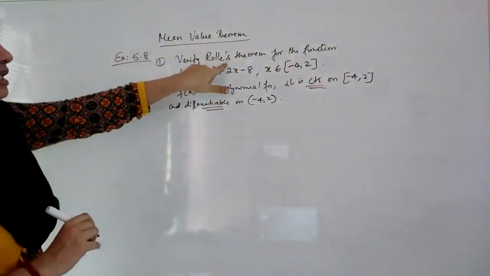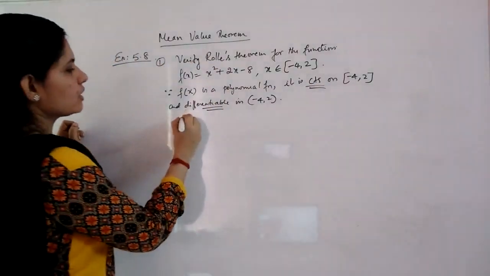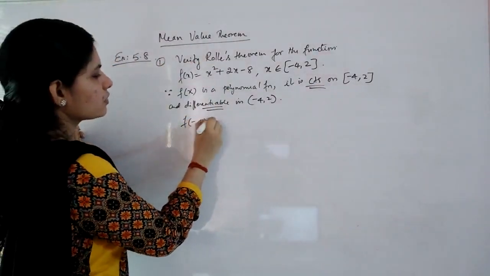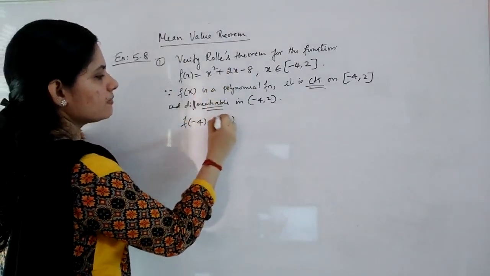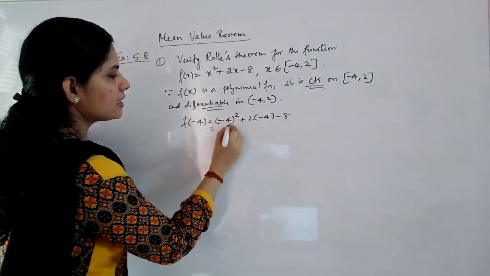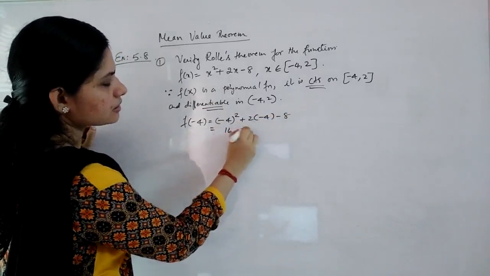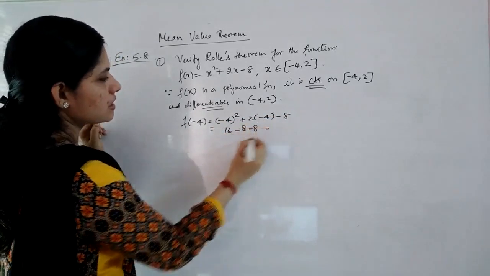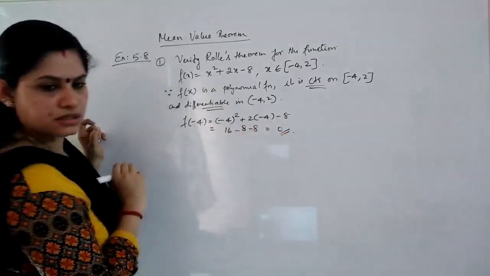Now it is Rolle's theorem, means you have to go for the third point, which is f of a equal to f of b. What is f of a? F of minus 4 means you have to replace x with minus 4. What you will get here? This is 16 minus 8 minus 8. What is that? 16 minus 16, 0.